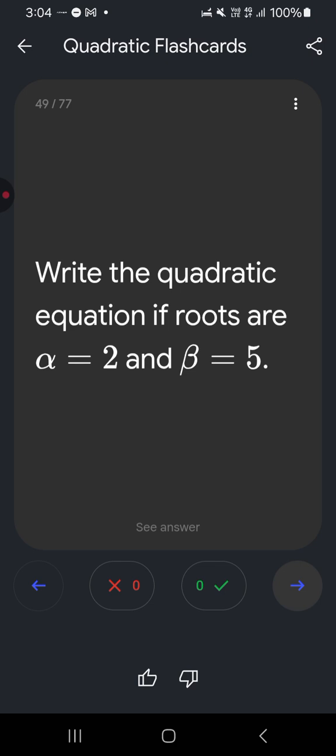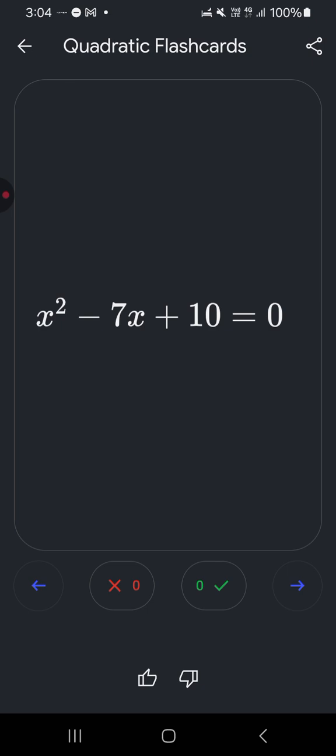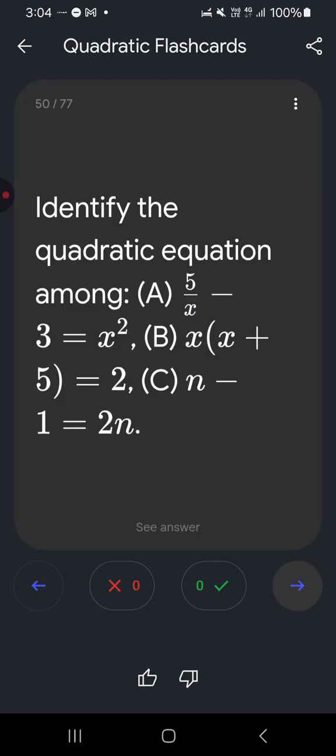Write the quadratic equation if roots are alpha is equal to 2 and beta is equal to 5. x square minus 7x plus 10 is equal to 0.